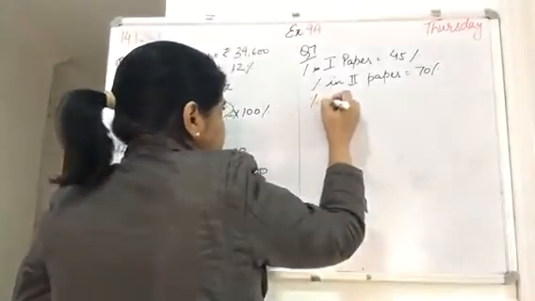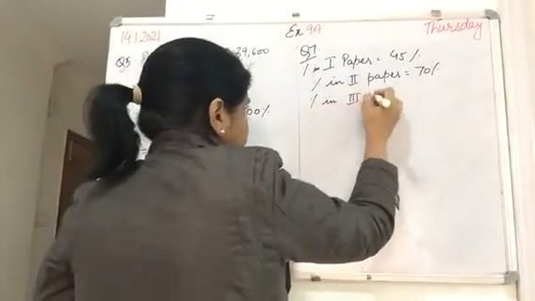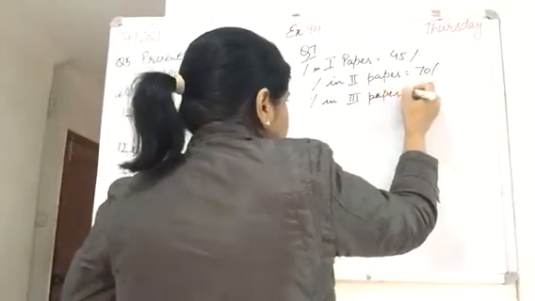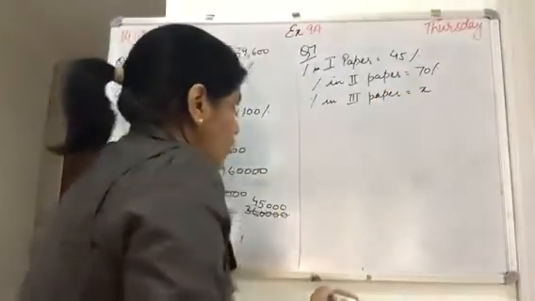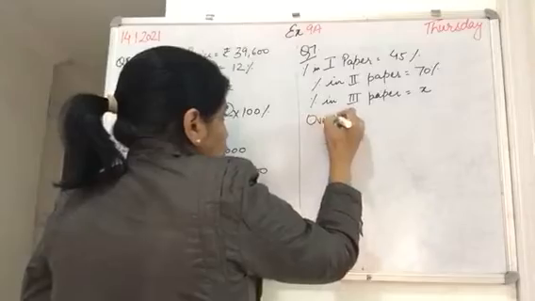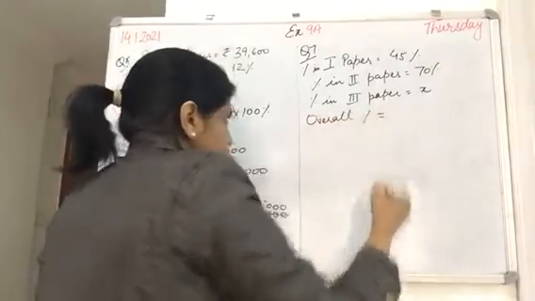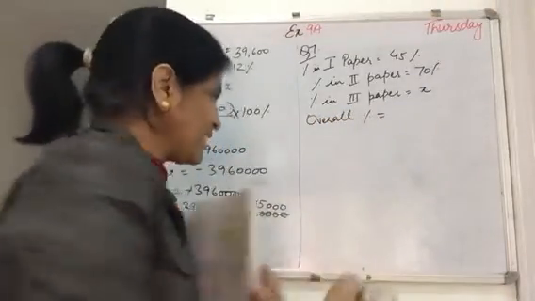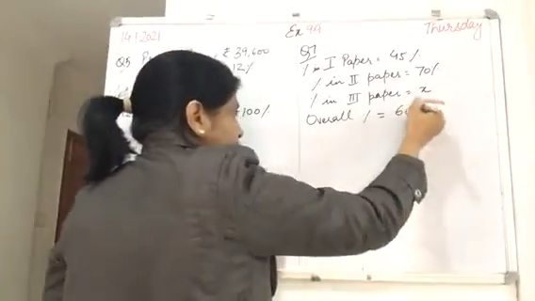Now the percentage in the third paper is not given, so we assume it as x. The overall percentage is how much? 60%.